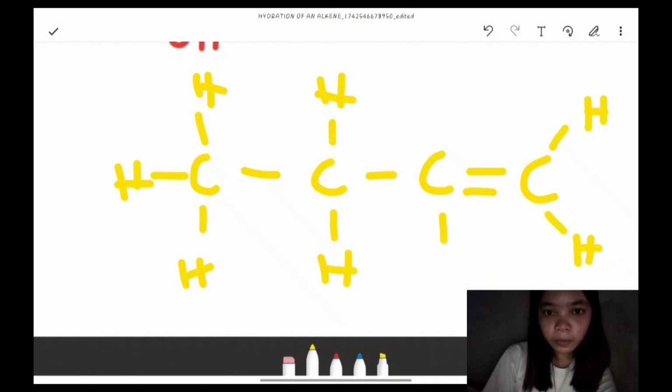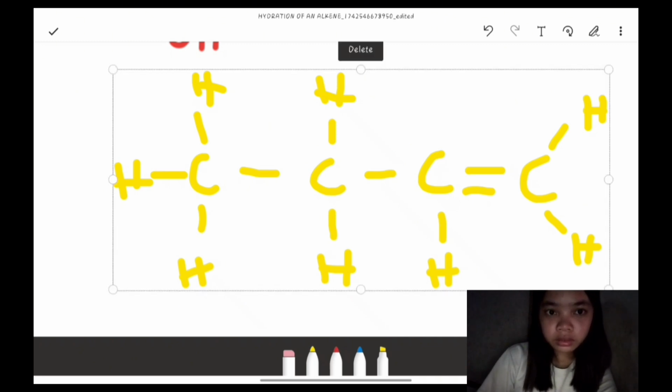This has 1 hydrogen on it. That carbon has 1 hydrogen. So this carbon has 2 hydrogens. This carbon is only bonded to 1 carbon, so that carbon is bonded to 2 carbons.